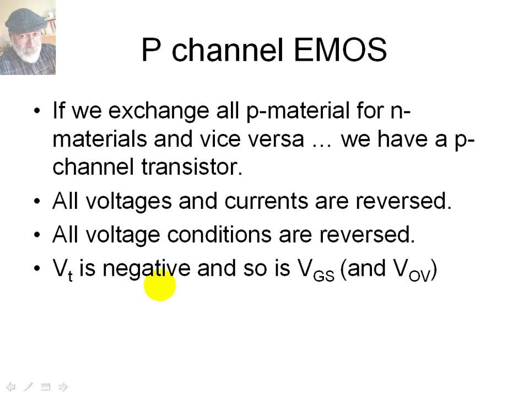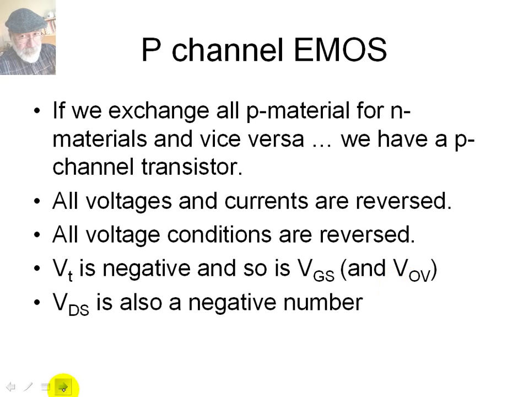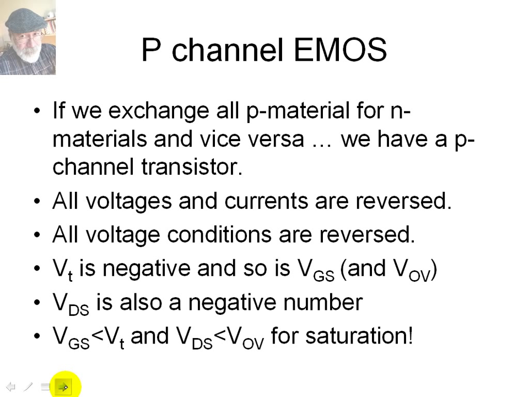VT is negative for a PMOS, and so are VGS and V overdrive. VDS, the drain to source voltage, the channel voltage, is also a negative value for a P transistor. The conditions for saturation are that VGS has to be below the threshold voltage, both of them are negative numbers, and VDS has to be below the overdrive voltage, and both of them are also negative values.